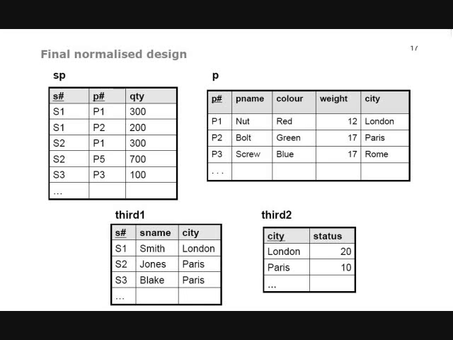So yes, more than one supplier might be in London, but now because the status is dependent on the city, you only store that once in third normal form. So you've dealt with the redundancy. It doesn't mean that you're not going to have the same value appearing in the database more than once.